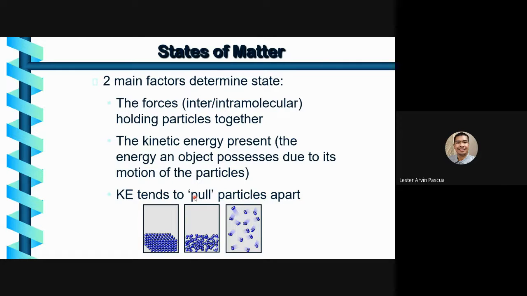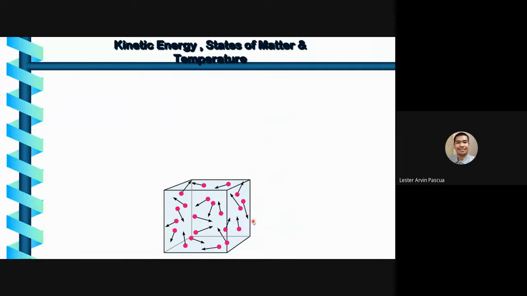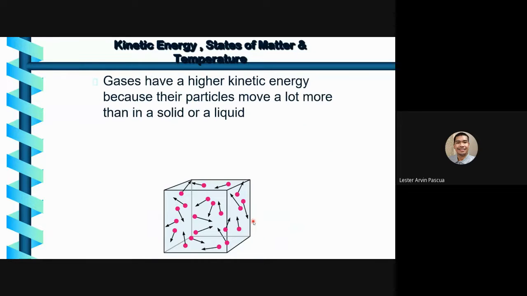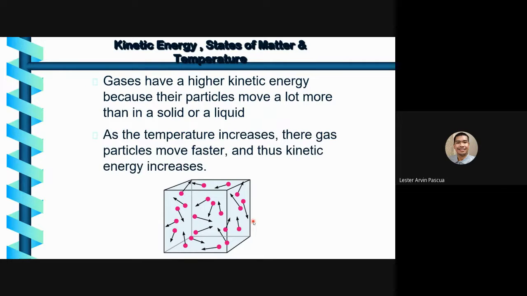So here, in your solids, your molecules are really packed together. Here in your liquid, it's a bit more fluid, more spread out. And then your gases are totally apart. They're totally pulled apart. So you'll notice that because of that, your gases have very high kinetic energies because they move a lot more compared to your solids and liquids.